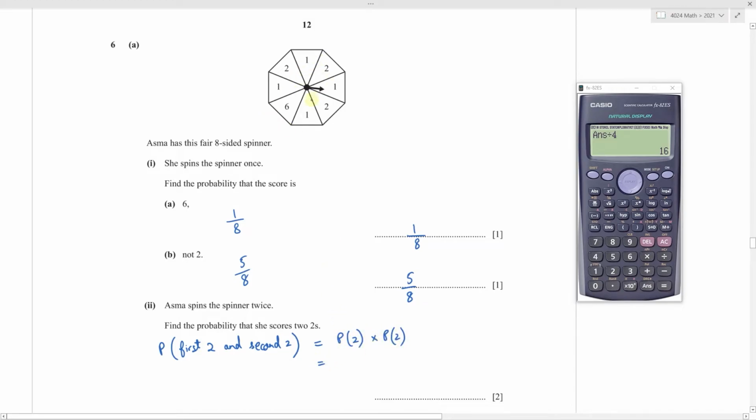So she spins the first time. What is the probability of getting a 2? How many 2's are there? 1, 2, 3. So 3 out of 8 are 2. So your probability of getting a 2 is 3 by 8. And then she spins it a second time. Again, the probability of getting 2 is 3 by 8. So this is 9 over 64.